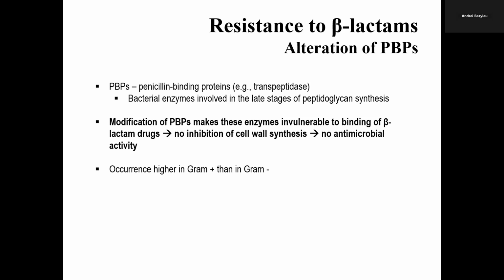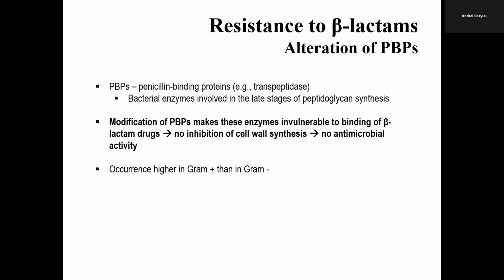So in bacterial cells, gram positives, gram negatives, there are lots of different enzymes that have this property. They are able to bind to penicillins or to beta-lactams. Remember, penicillin is not the same as, it's just one of the representatives of the beta-lactams.